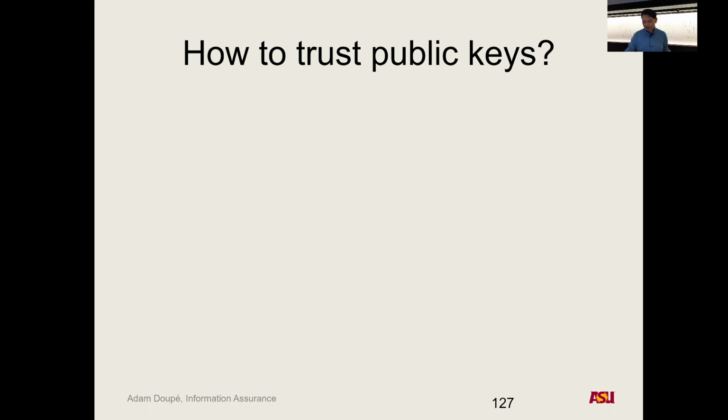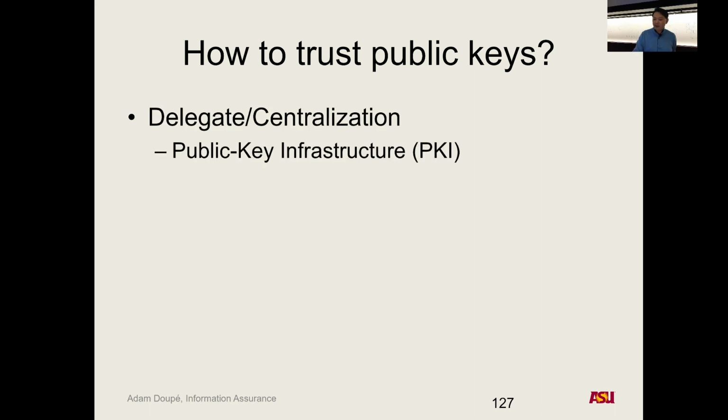How to trust a public key? The first one is delegated centralization like PKI. This is the ecosystem of the creation of keys and also the termination of keys. They manage the life cycle of the public key. We call that PKI, public key infrastructure.